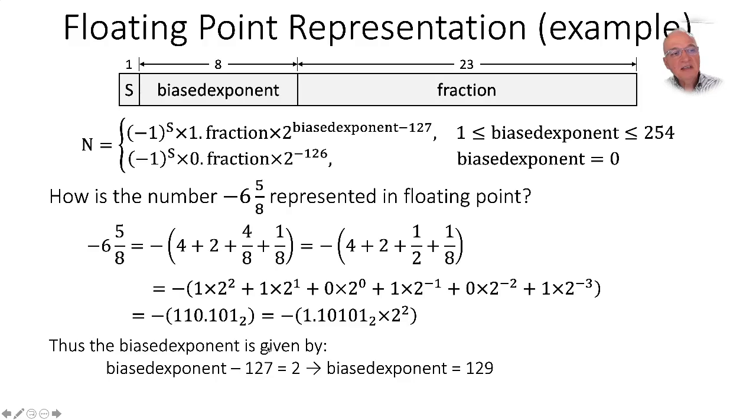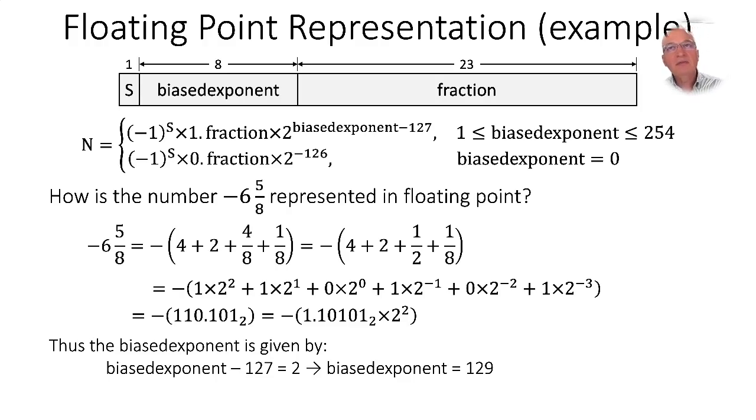Therefore, the bias exponent is given by: bias exponent minus 127 is equal to 2. This is the exponent that I have, so the value of the bias exponent has to be 129. Now I have to represent 129 in this bias exponent field. This is, of course, 128 plus 1. Remember, 2 to the 5 is 32, 2 to the 6 is 64, 2 to the 7 is 128.